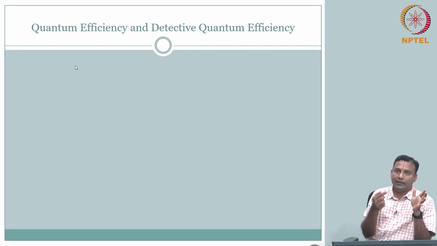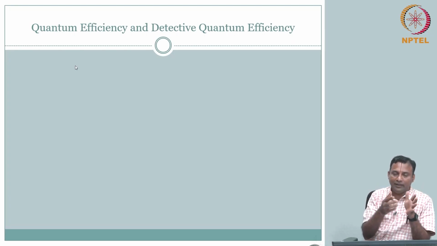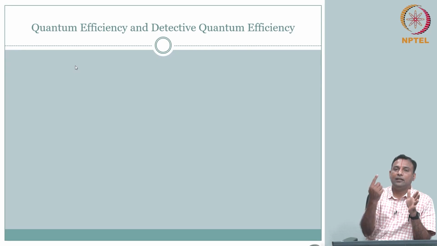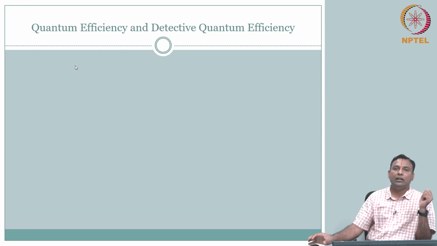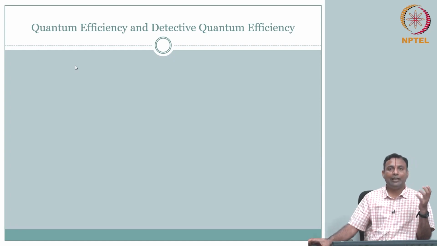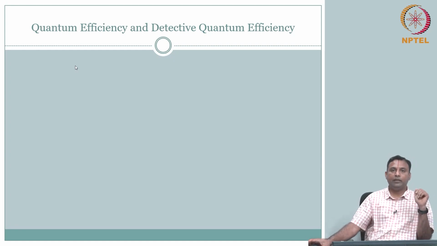So what is the chance that this will get absorbed, interact with the material? What is the chance that if I send one photon, that photon is going to get absorbed, take part with this material and create a light photon? What is that probability?